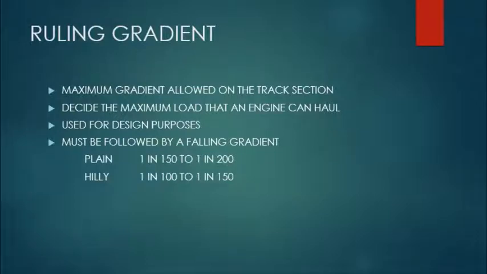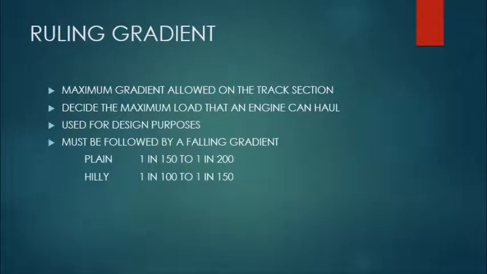It is remarkable that steep gradients necessitate more powerful locomotives, smaller train loads, lower speed and costly haulage. It is therefore desirable to climb a slope at as gentle a rate as possible. As a rule, rising gradients must be followed by falling gradients.